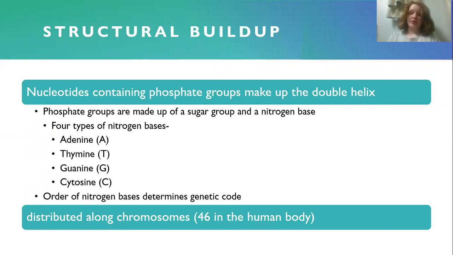Behind the letters, they are known as adenine, thymine, guanine, and cytosine. As I said before, the order of the nitrogen bases determines the genetic code, which in turn determines the traits that are exhibited. And these are distributed along chromosomes, and within the human body, there are 46.